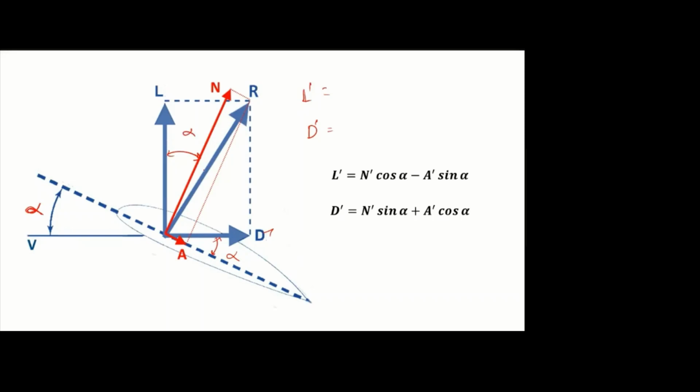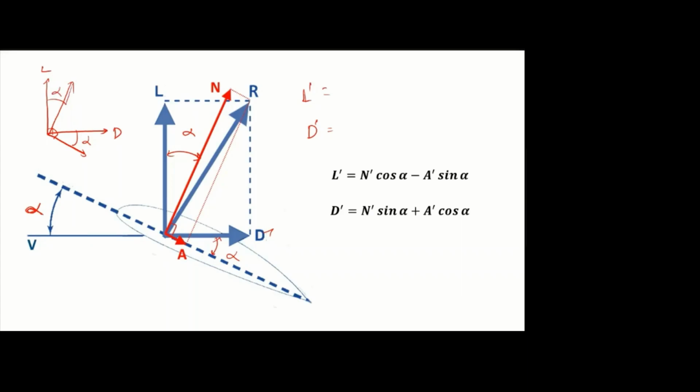So here also it is alpha. You see, this is lift and drag. Again both are 90 degrees to each other. Again normal force and axial force, that is also 90 degrees to each other. If here it is tilted by alpha degree, then here also it will be the same degree, right?